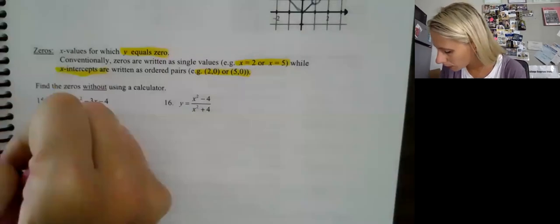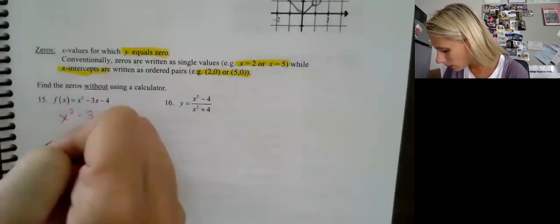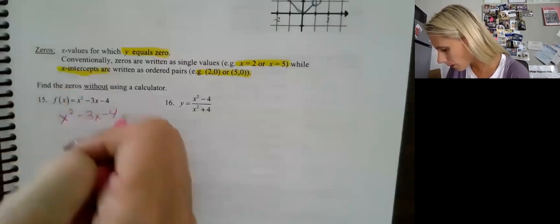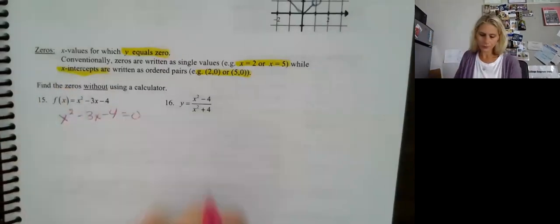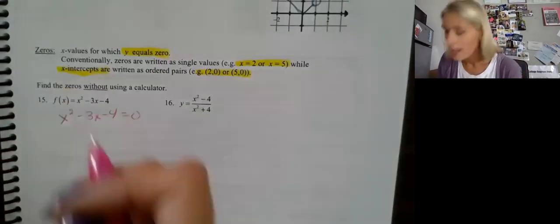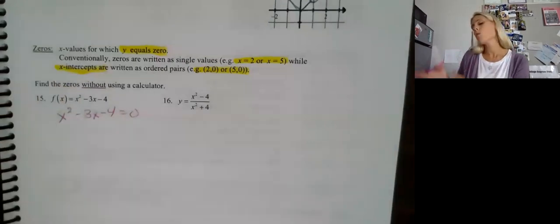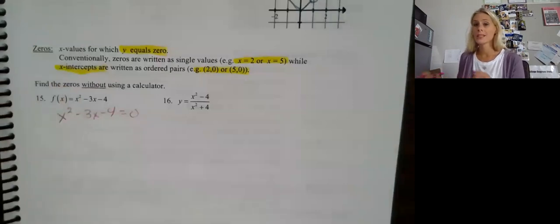So let's do some problems. First thing I'm going to do is take my function, set it equal to 0, and solve. Best thing to do right here, factor. If you have trouble factoring, we need to sit down one-on-one and learn those skills and really fix them, because you want to be able to factor it like that.